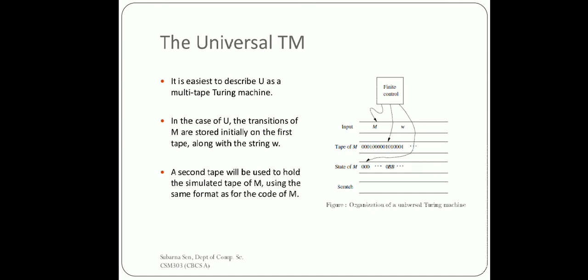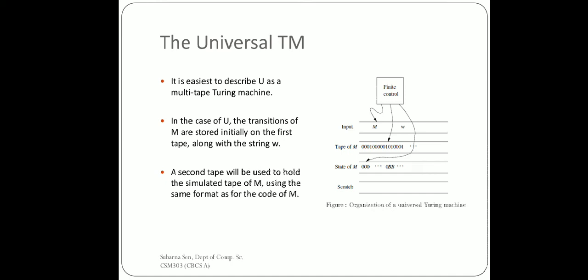The diagram has been drawn in the book in such a fashion that first tape is the input, then there is a gap they have kept just for eye soothingness, nothing else. First tape is input, second tape is tape of M, and the space between is nothing. You can draw consecutively as well, but if you draw in this manner, we can distinguish between the tapes. That is why there are 4 tapes total.